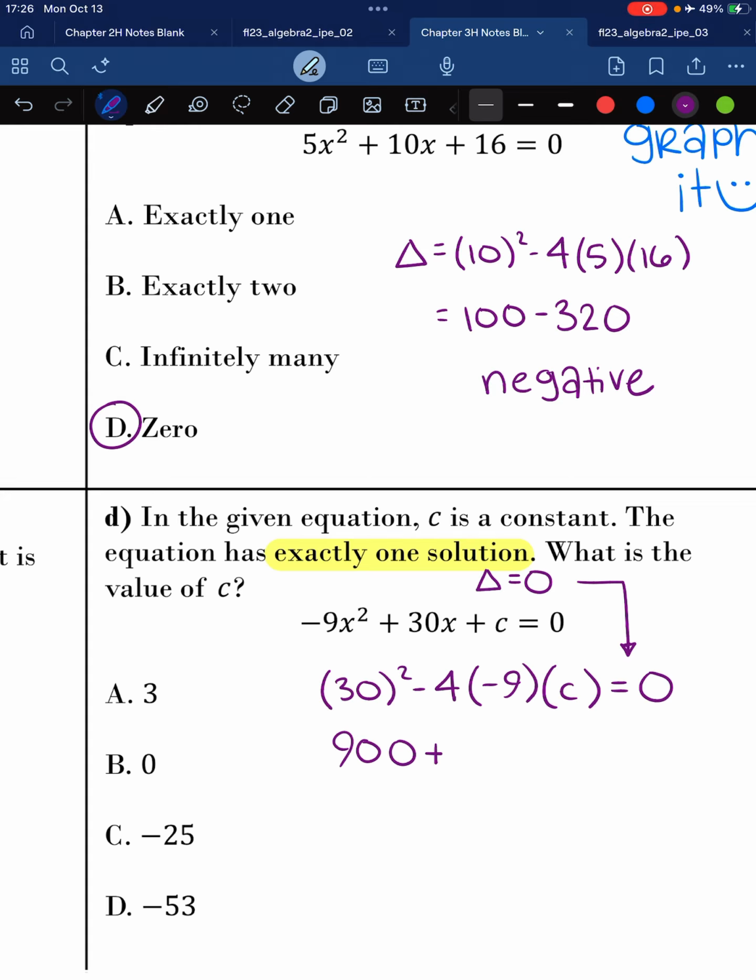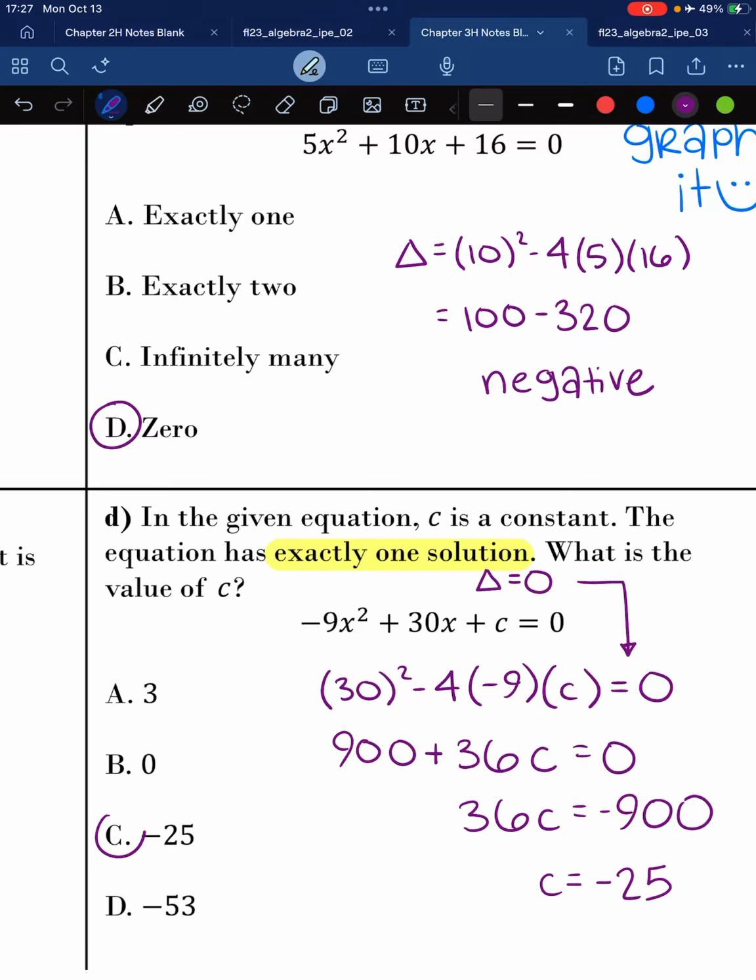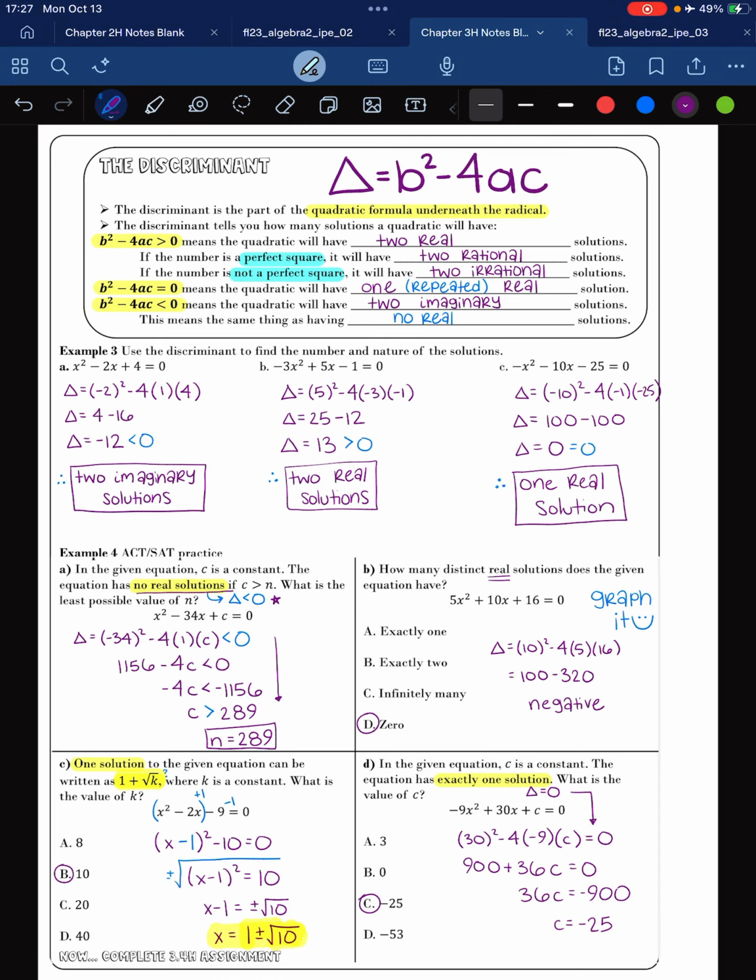We have 900 plus 36c, so 36c is negative 900. And negative 900 divided by 36 is going to be negative 25. Right, and again, even if you didn't know that's how to solve it, looking for those keywords, connecting it to something that we just learned is going to help you problem solve your way there.